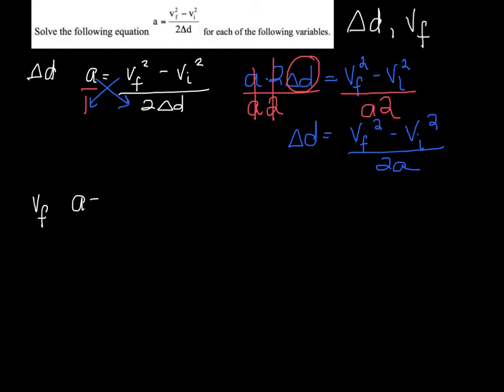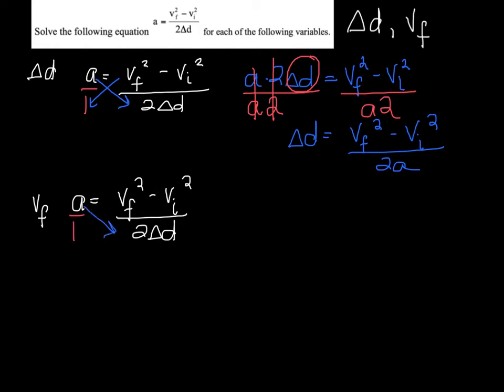Now let's solve for v sub f. So I'm going to rewrite the equation, v sub f squared minus v sub i squared all over 2 delta d. Again, I don't like the fraction, so I'm going to put a over 1 and I'm going to cross multiply.